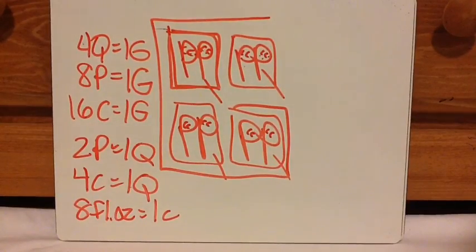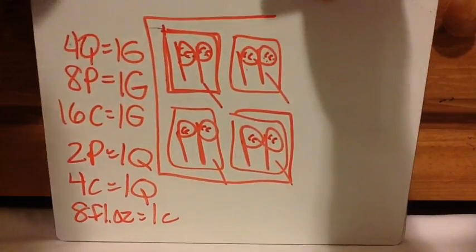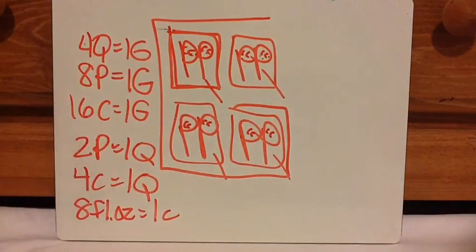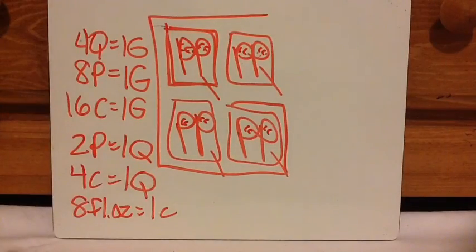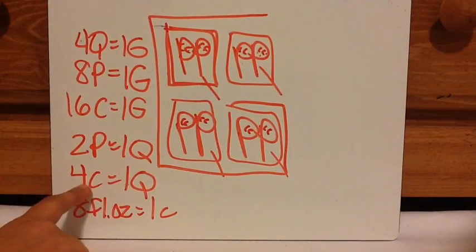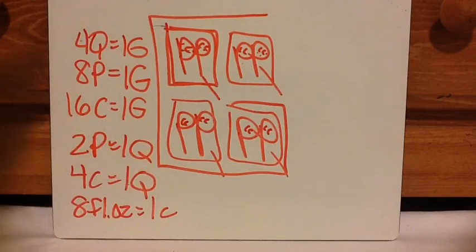So let me go over one. Suppose I'm given how many cups are in 6 quarts? How many cups are in 6 quarts? Well, I know that there are 4 cups in 1 quart.